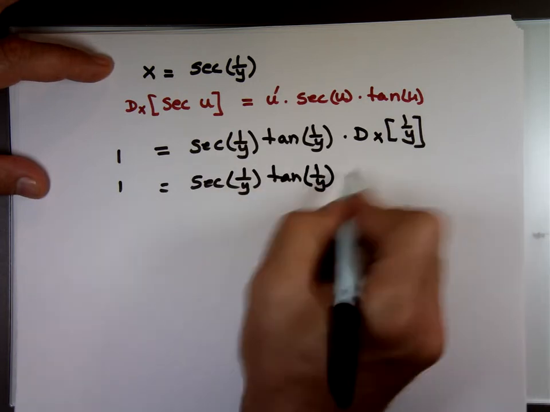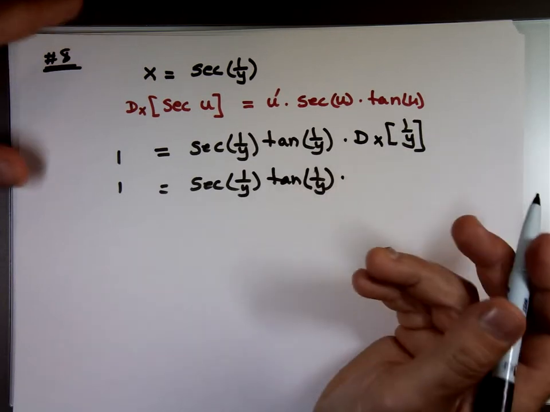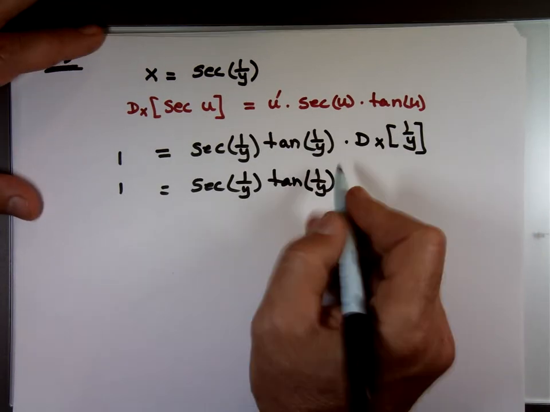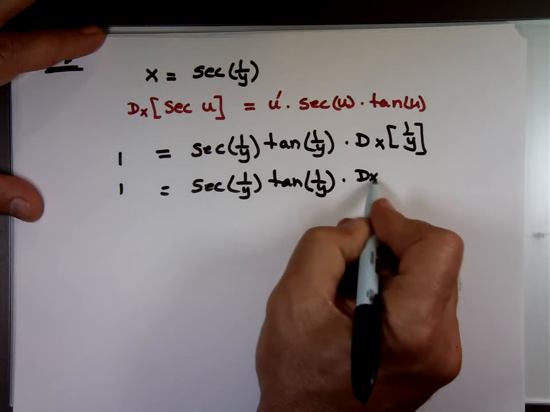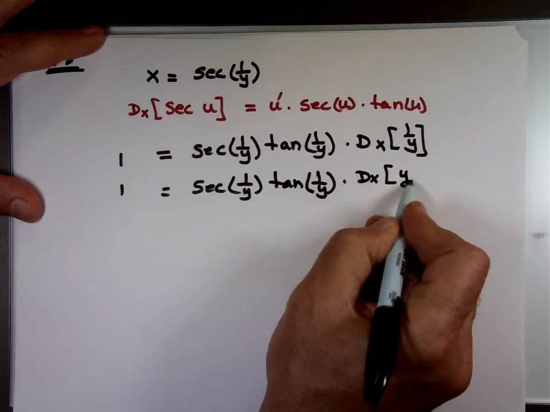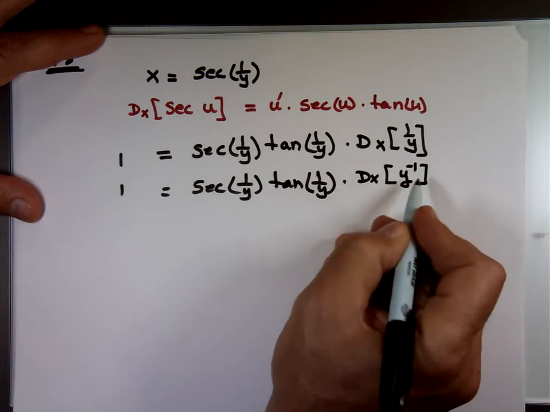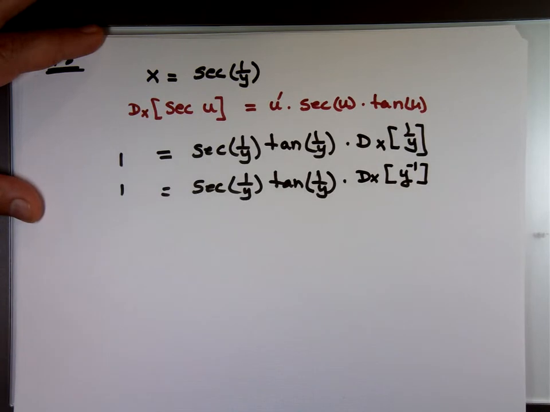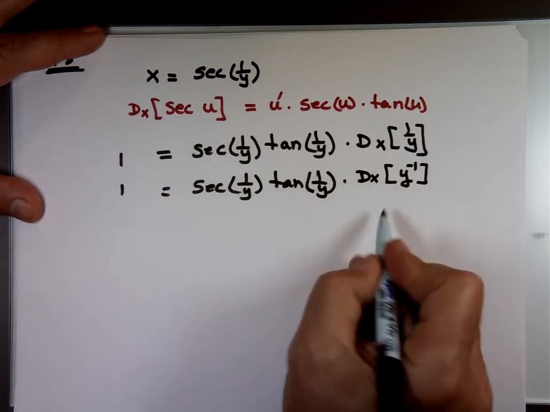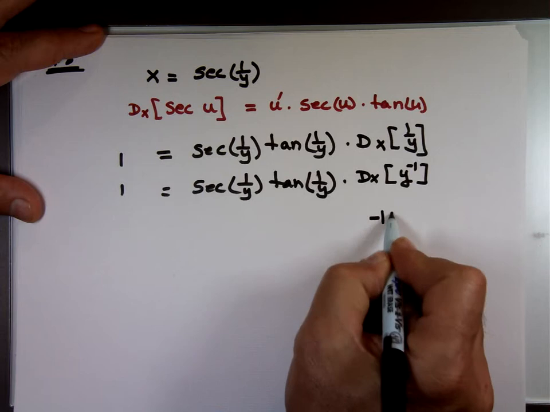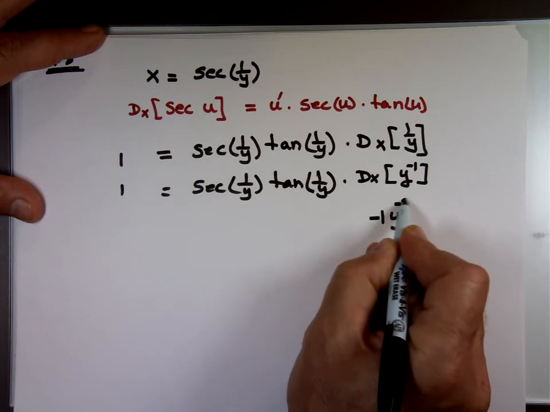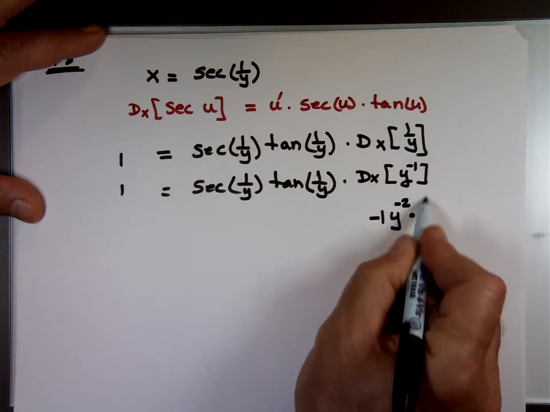Now, if you want, actually, you can use the quotient rule here, but you don't have to, because if you rewrite that, that's y to what power? Negative 1. Instead of the quotient rule, that'll be easier. So what's the derivative of that? Minus 1, y to what power? Negative 2 times dy dx.